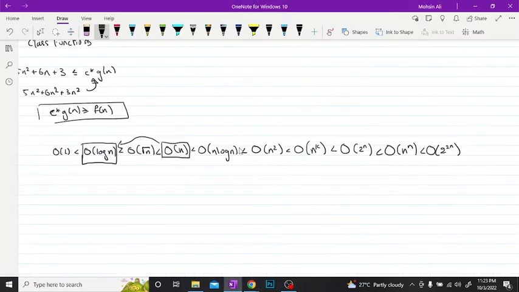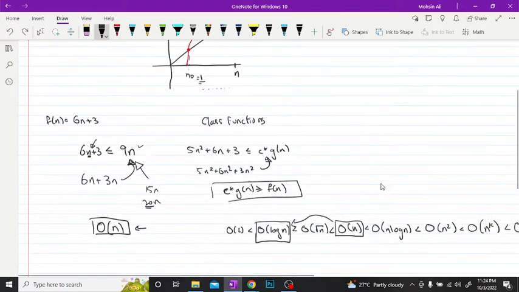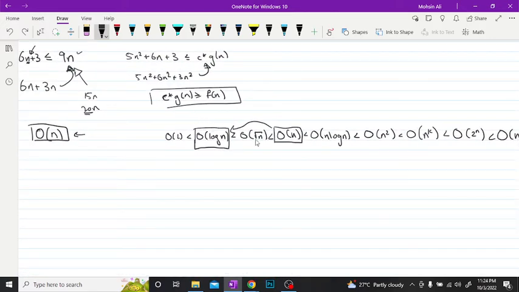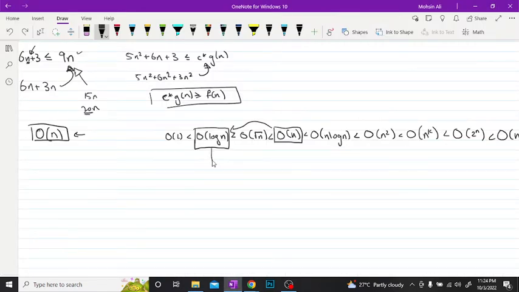It should work starting with n naught, which can be something like 1, 2, 10, but it should always work for all values of n, which means that this estimate is not good. And that's the reason why we say that for the big O notation, O of n, this linear line will act as an upper bound for log of n. So that's the reason why we have placed log of n over there.